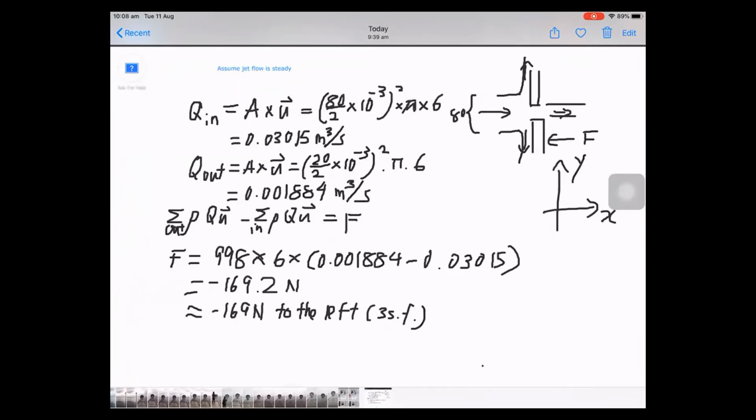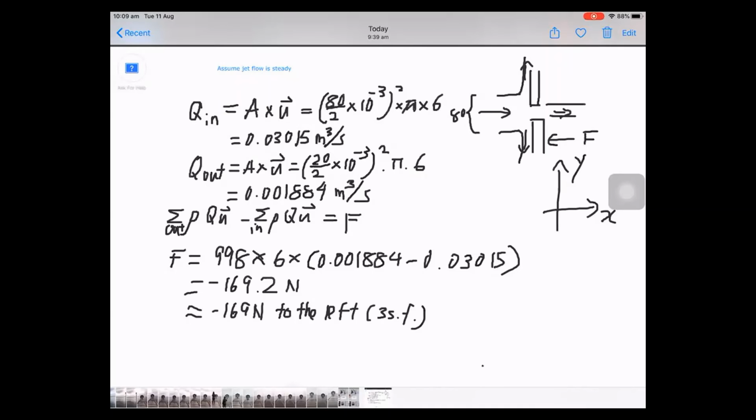What's the question again? Basically we use the Bernoulli equation and the conservation of momentum to find the horizontal force required to keep the plate stationary. There's no change in elevation, so we don't need to consider that.